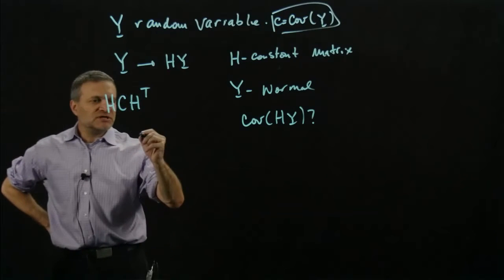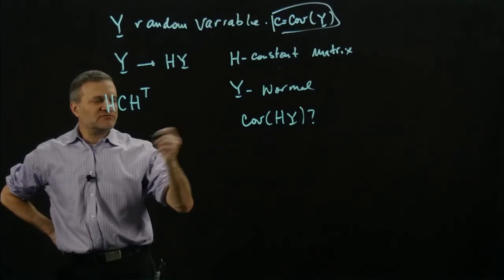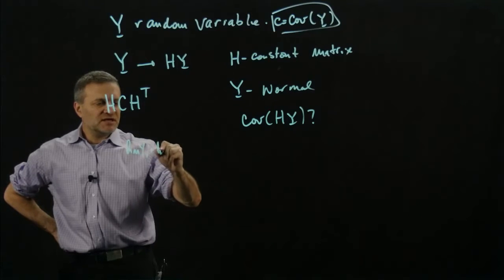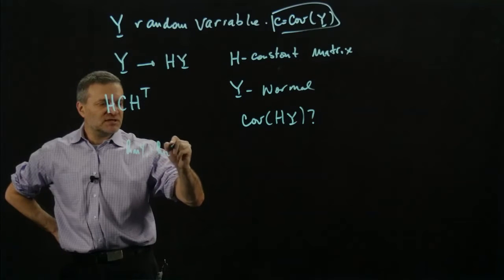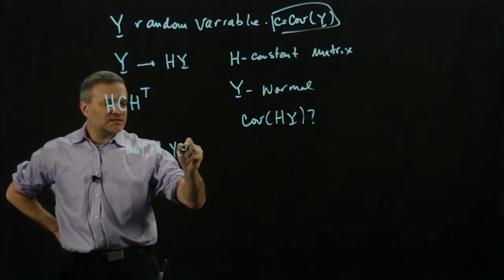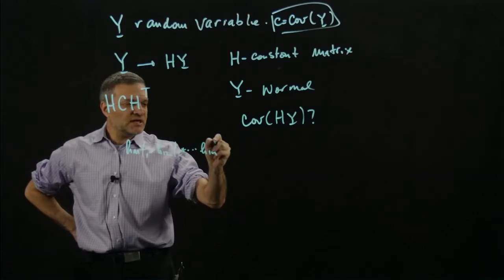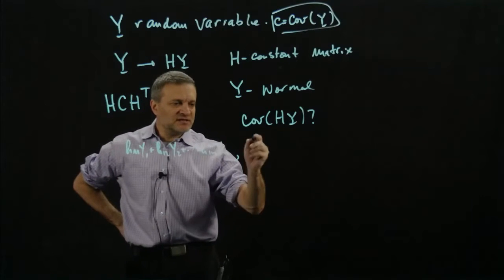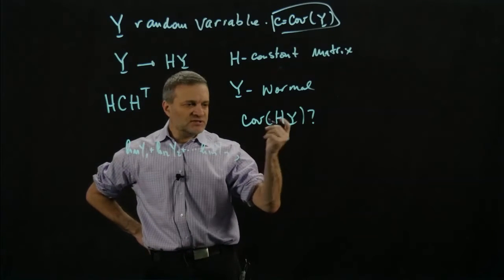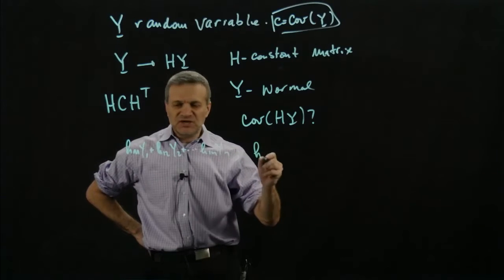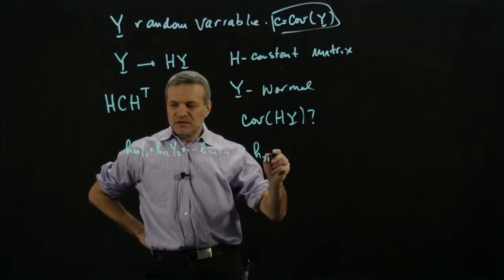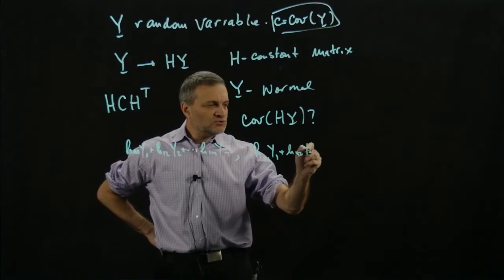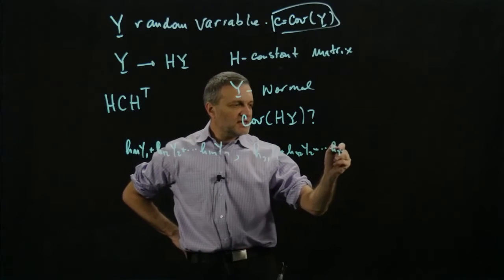For example, you can take the first row, which is h11 y1 plus h12 y2 plus and so on up to h1n yn, and the third row, with h31 y1 plus h32 y2 plus and so on up to h3n yn.